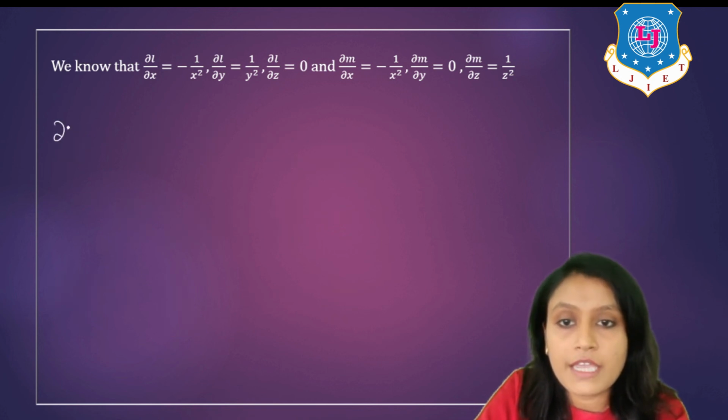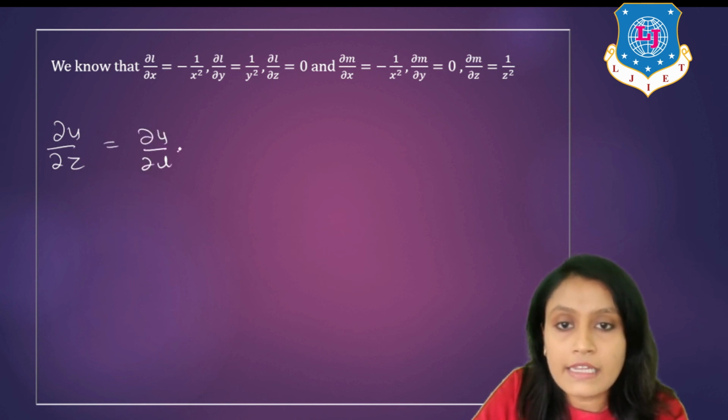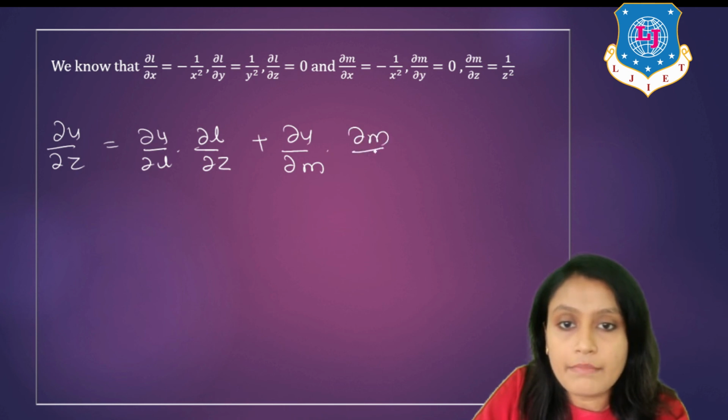Now next we have to find ∂u/∂z. So the chain rule will be ∂u/∂L into ∂L/∂z plus ∂u/∂M into ∂M/∂z.